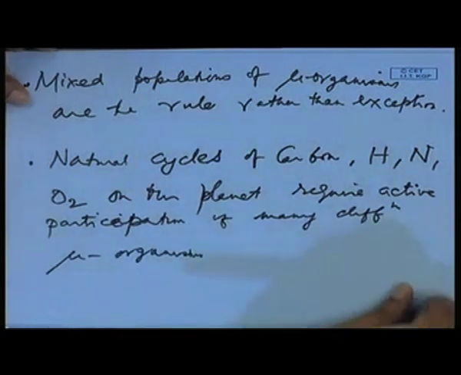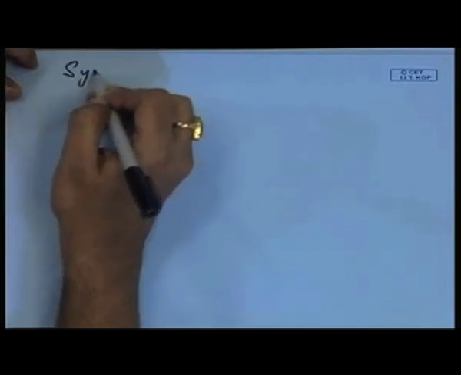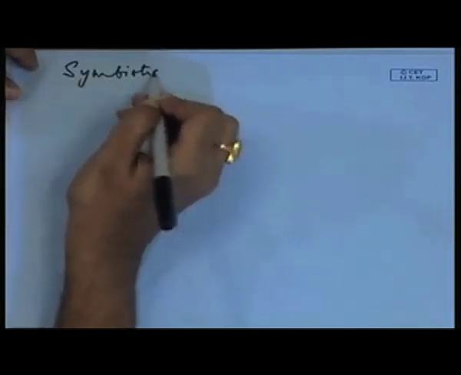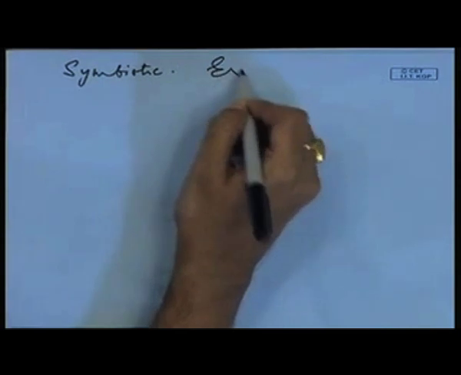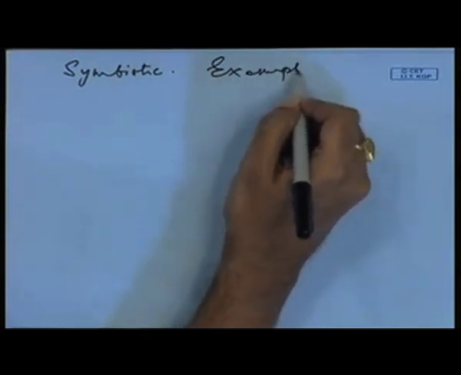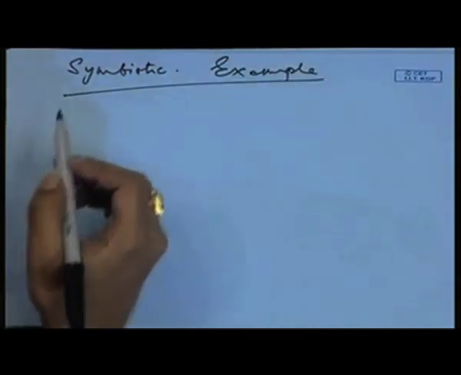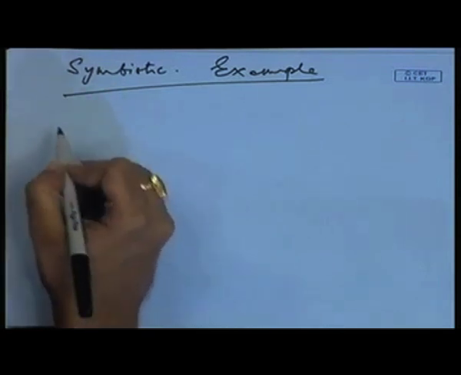Okay. So, what about examples? Let's talk about an example which is symbiotic, where the growth of one bacteria helps the growth of the other bacteria. Okay.